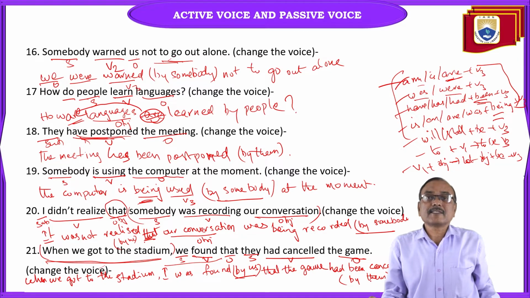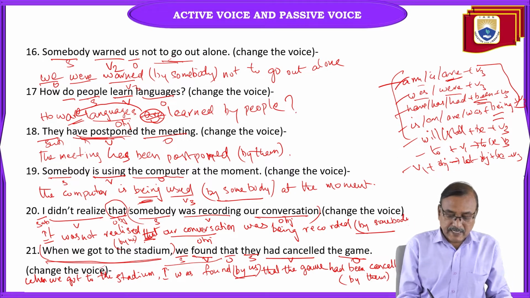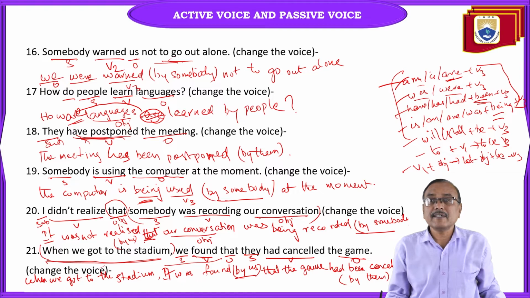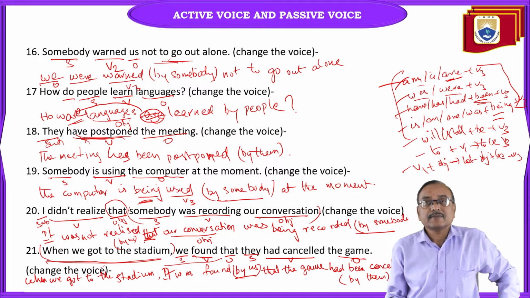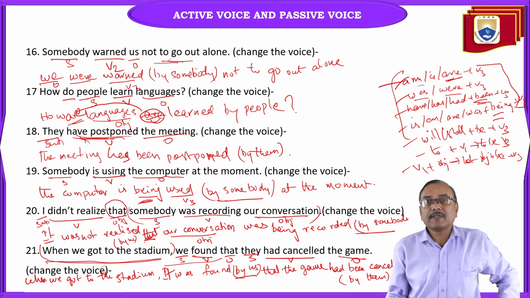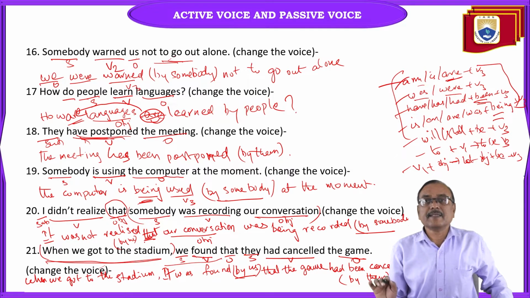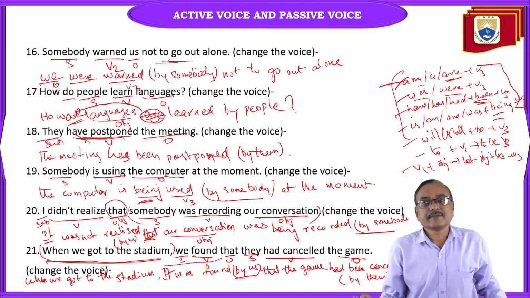So when we got to the stadium, it was found, not I was, it was found that the game had been cancelled. It was found that the game had been cancelled. So by us is not necessary, by them is not necessary. Okay.